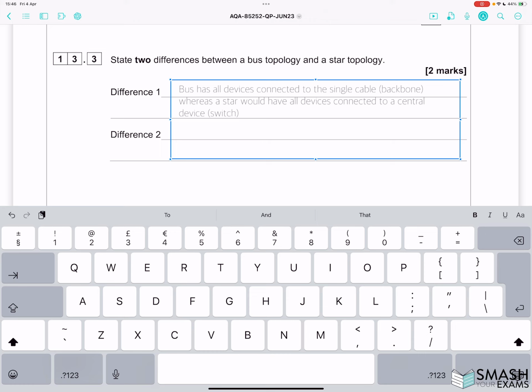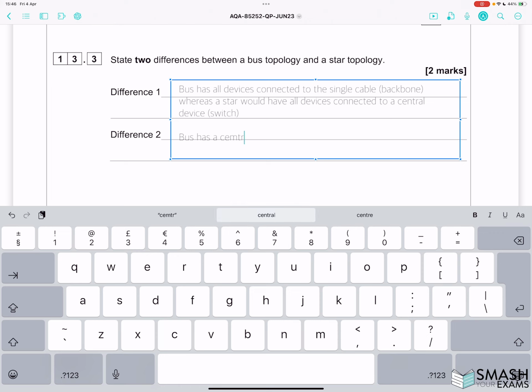So like second differences would be that a bus has a central point of failure with the single cable, whereas it's very unlikely that a switch is necessarily going to go down.